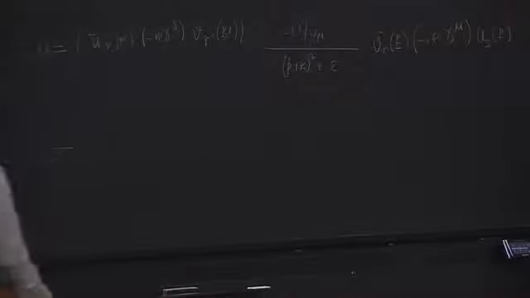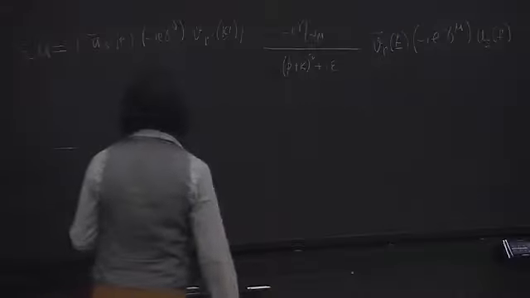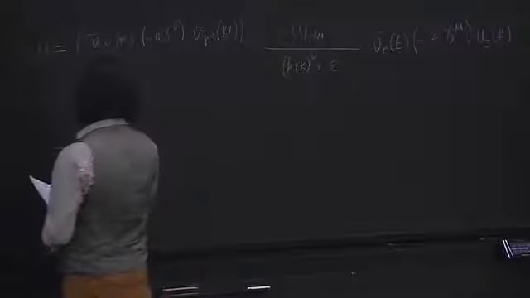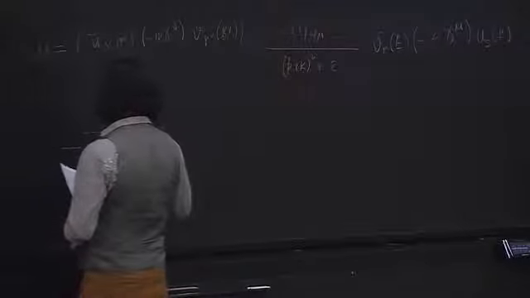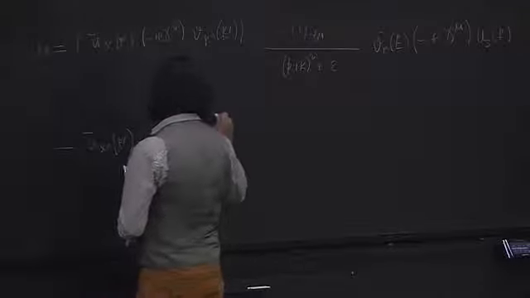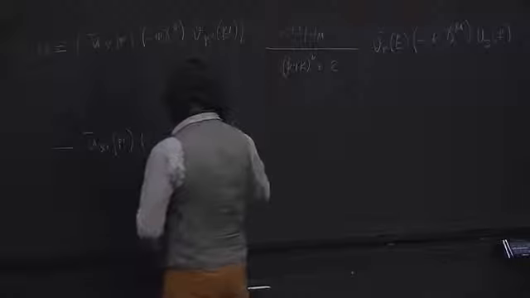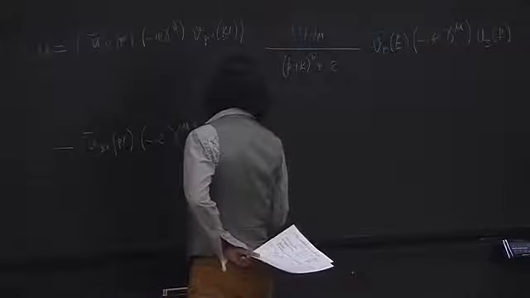Because of Fermi statistics, you can show that the second diagram has a minus sign attached to it. Then similarly u bar s prime p prime, minus i e gamma mu, minus eta mu nu over p minus p prime.